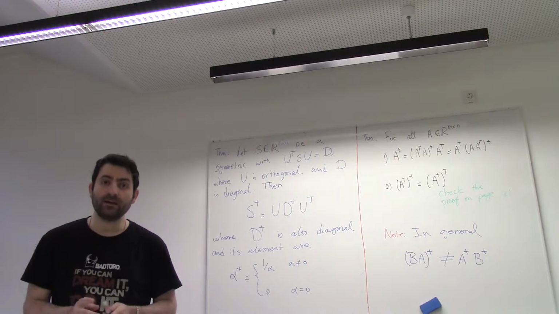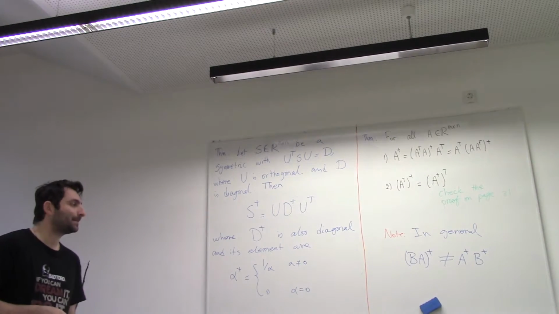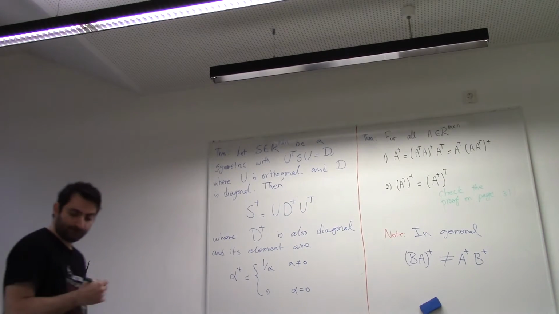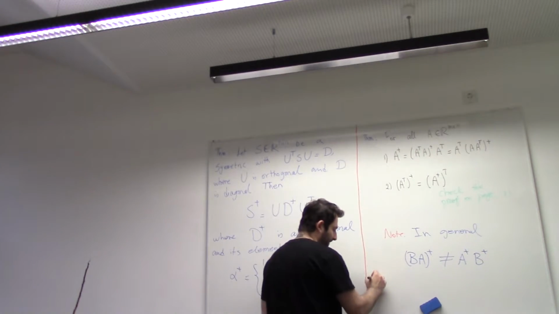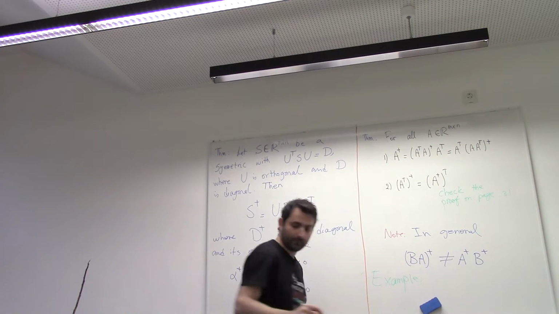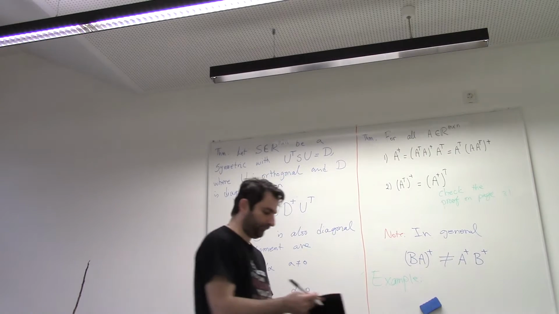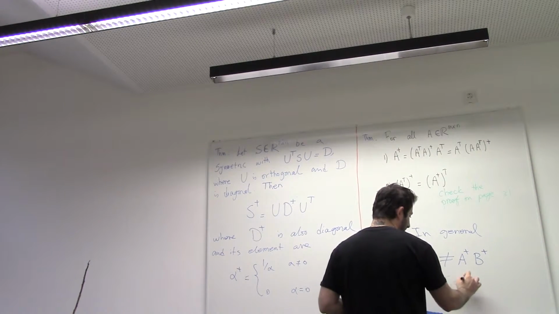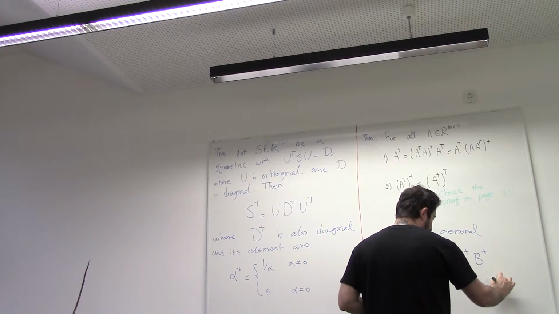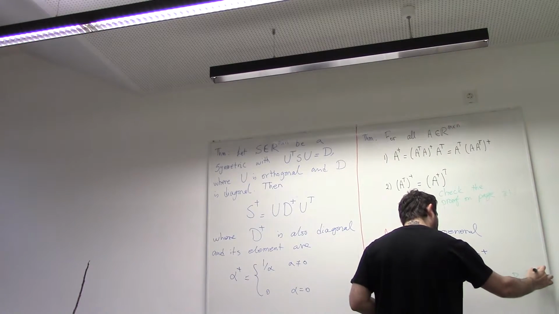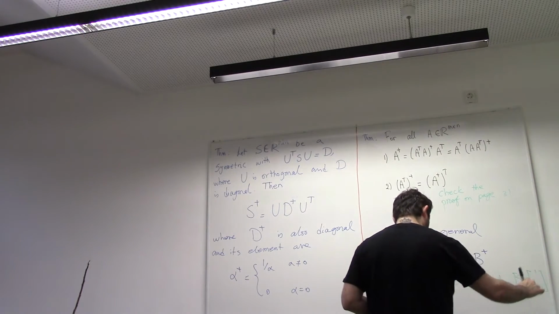Let's see why. A is [0, 1], and B is [1, 1]ᵀ.